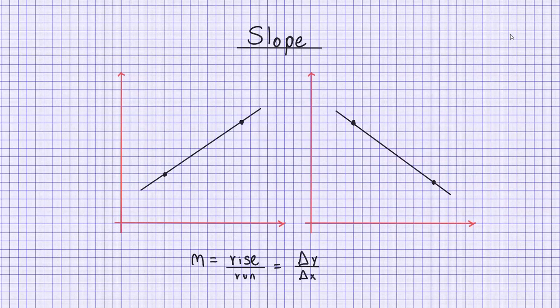So the rise is how much it's rising from one point to the other. So in this case, let's take this one here, and let's measure from this point all the way up to here. Then the run will be how much it changes from that point.